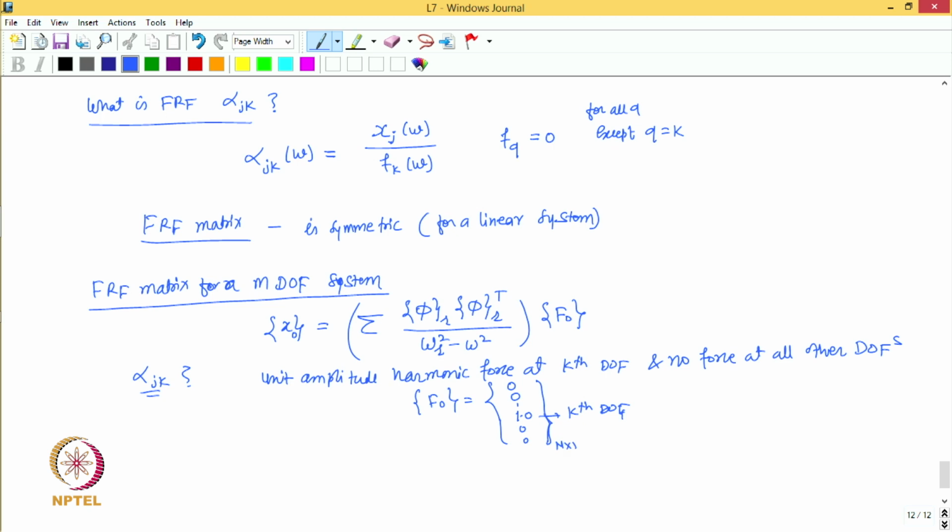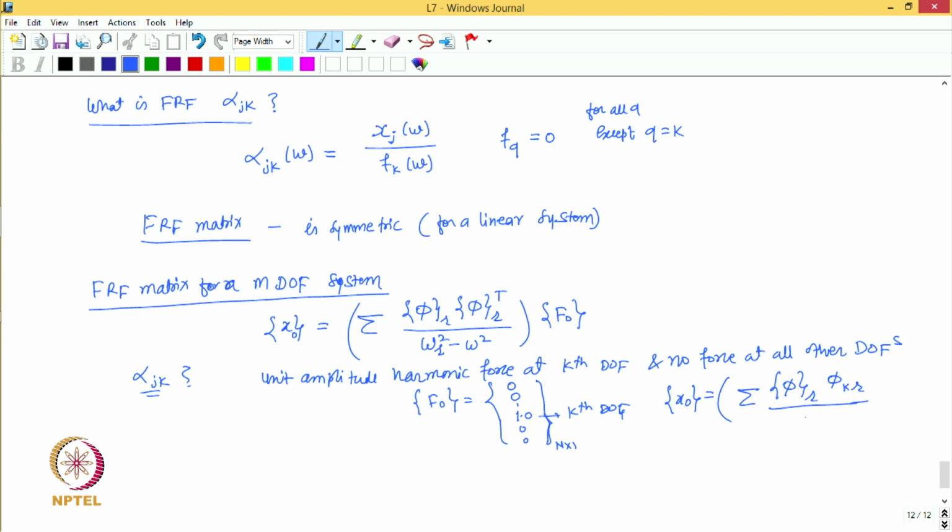So when we substitute this in this equation, what is going to be the result? The result would be, let us write this here, x naught is equal to summation of phi r. Now phi r transpose vector f naught would basically lead to only the kth term of the rth mode here, right.